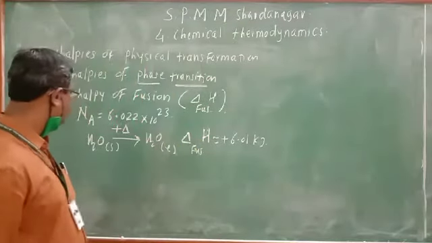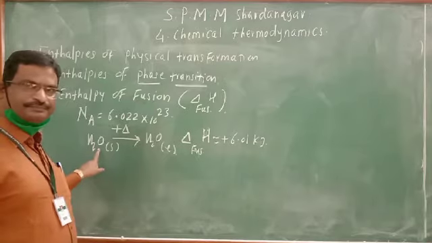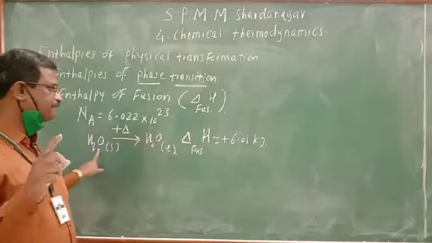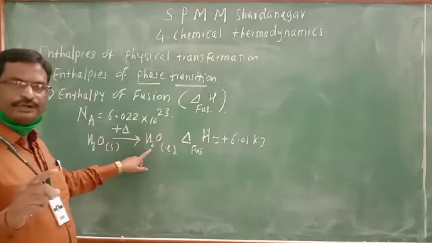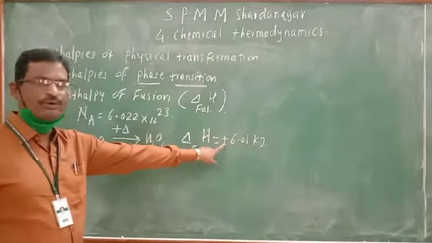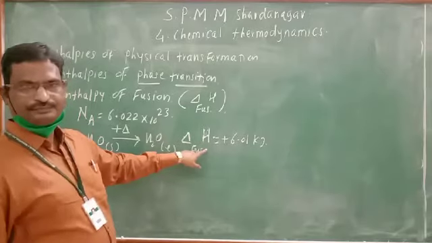So whenever 1 mole of water in a solid state at constant pressure and temperature is converted to 1 mole of liquid, this is the heat absorbed, 6.01 kilojoule, and this is known as enthalpy of fusion.